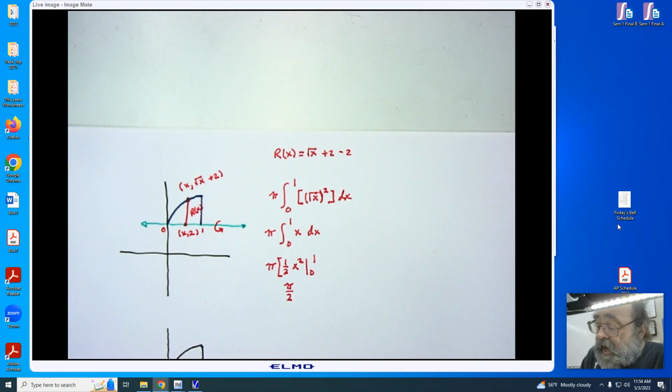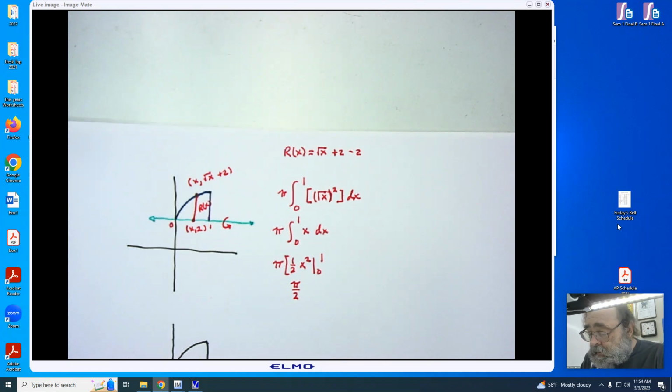Put it into the graph. I'm now going to create my axis of rotation. I'm going to put my axis of rotation at -1. Y equals -1. And notice we're still going from 0 to 1.